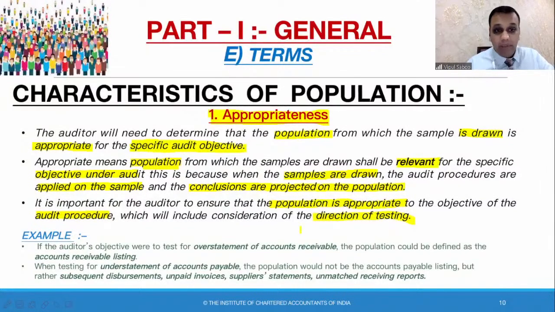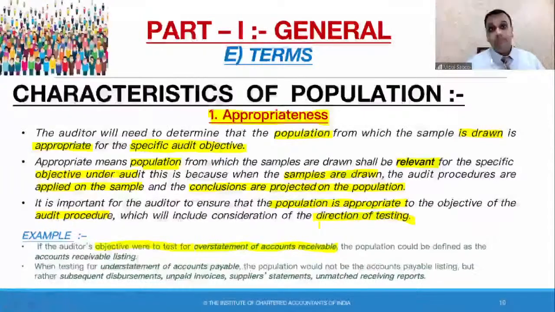Here we have an example. Relating to our field, suppose the auditor's objective were to test for overstatement of accounts receivable. The client company shows that our accounts receivable are 3 crores, and the auditor feels that they have been overstated. The debtors' balances are not that much, because the organization wants to show a good asset position.